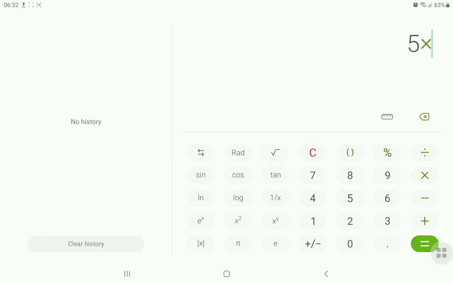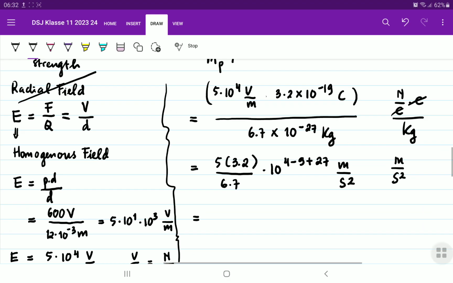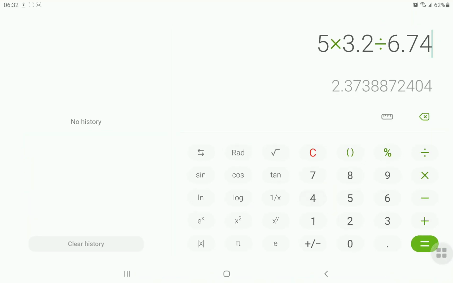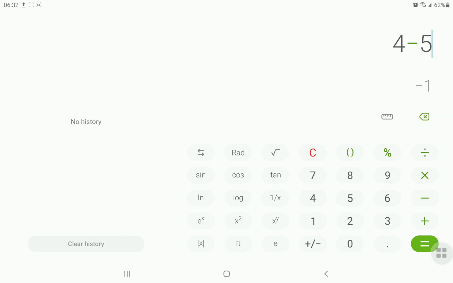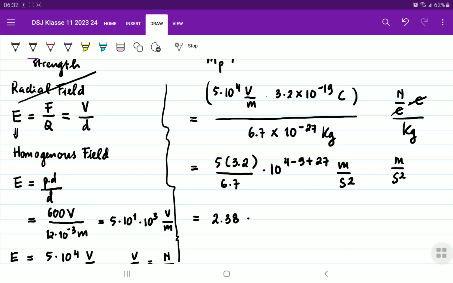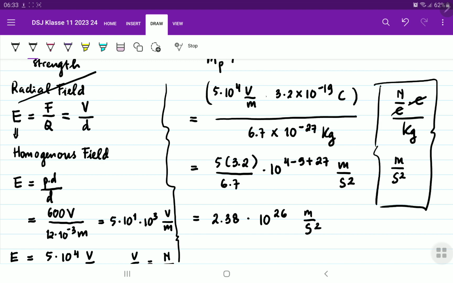Five times 3.2 divided by 6.7 is 2.38, times 10 to the 4 minus 19 plus 27, which is 10 to the 26. So 2.38 times 10 to the 26 meter per second squared. And that is the acceleration experienced by the particle.